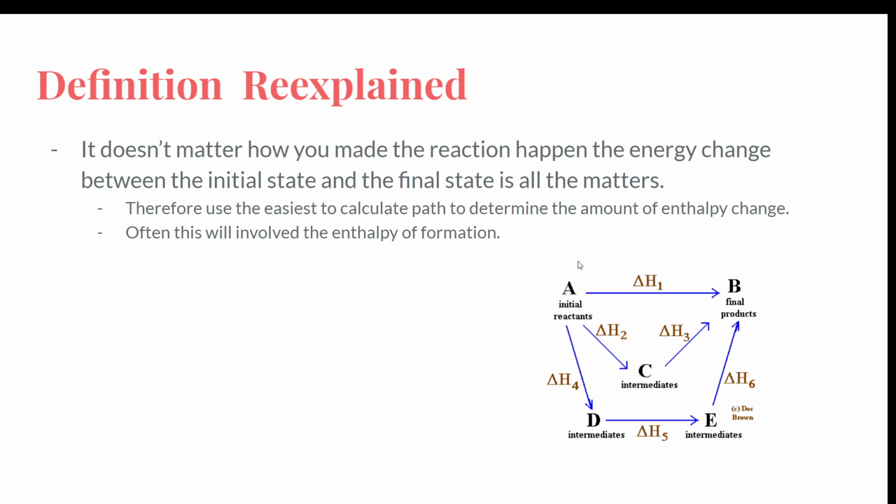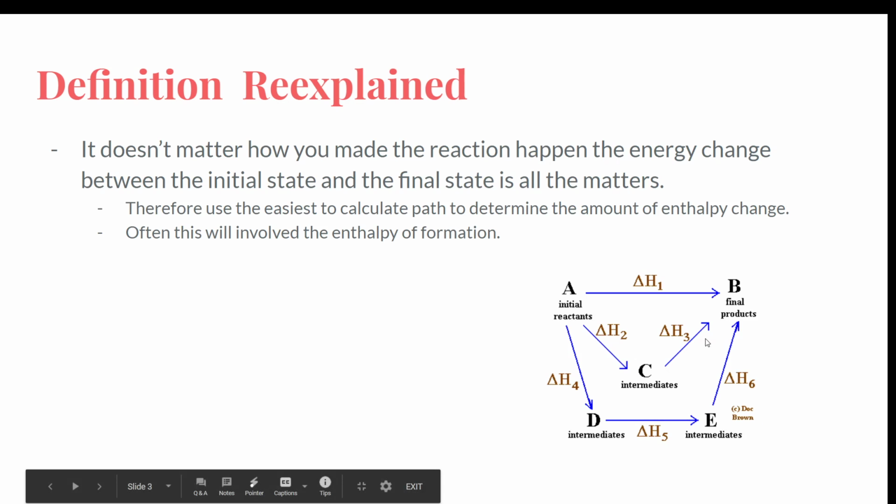Essentially, we're going to have an enthalpy change, with our products going from A to B. And delta H1 is going to be our primary concern for solving this problem. Okay, but we're going to imagine that we cannot directly measure delta H1.